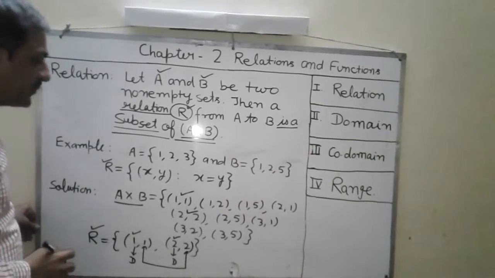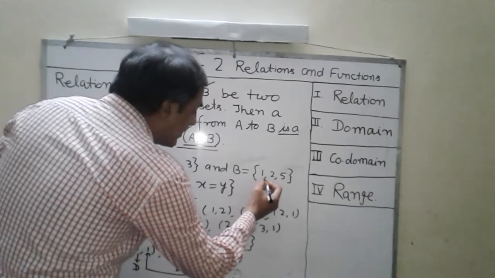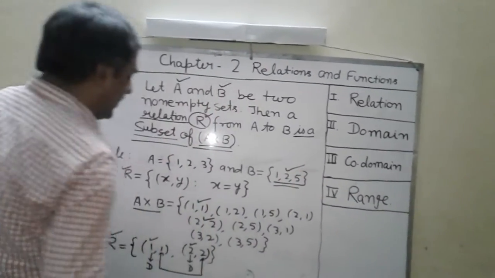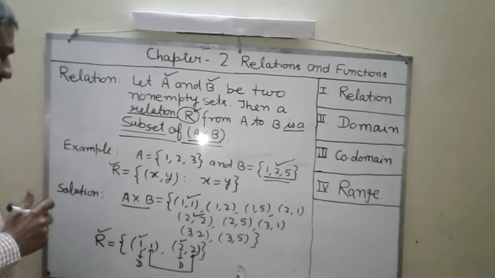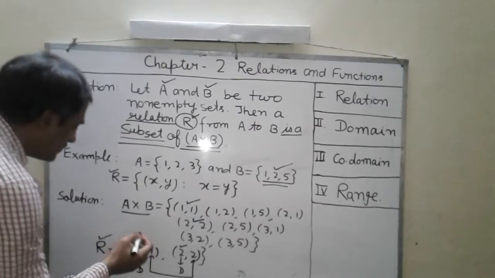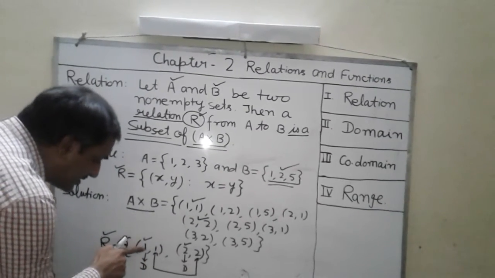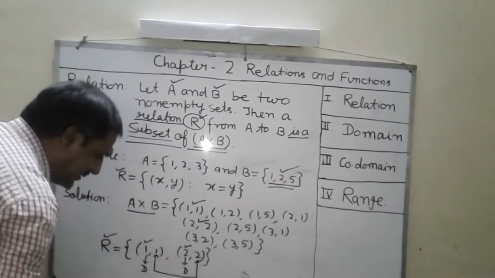And what is the codomain? Codomain is the set of all the elements of set B. Now I am going to repeat the terms domain, codomain and range. Domain is the set of first elements of the ordered pairs of the relation.